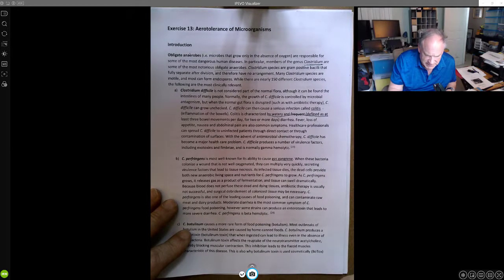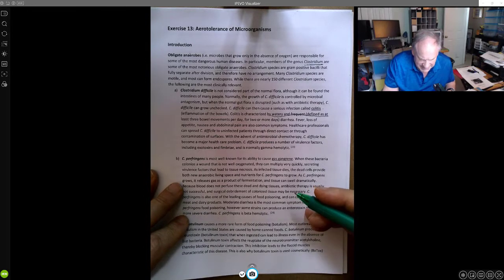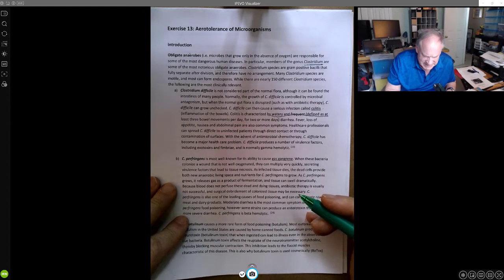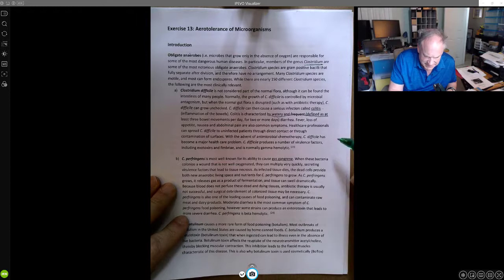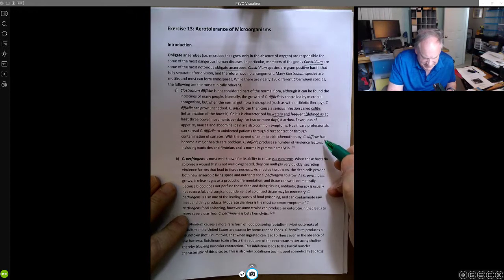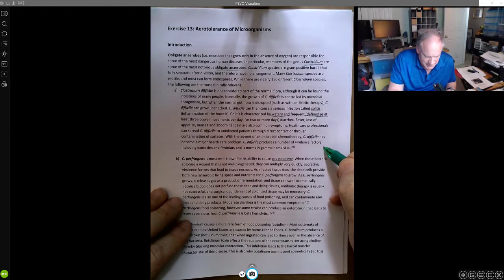So if we, let's say, use tetracycline, it doesn't do anything for Clostridium difficile. It says, oh, gee, thank you for allowing us to grow. And they do grow in high numbers, and it's like packing gunpowder. It's bad. So there you go.